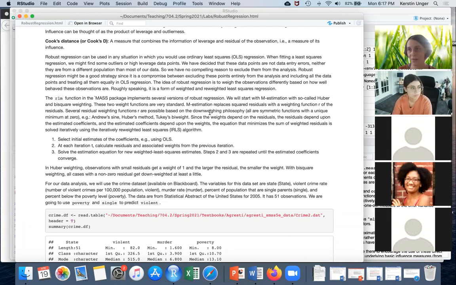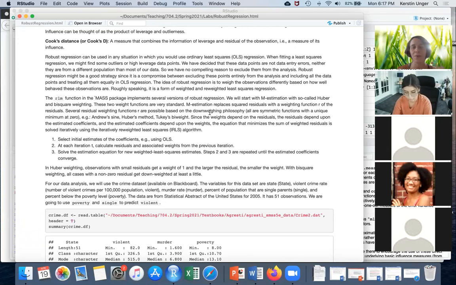So once again, you start with your ordinary least squares regression to obtain your coefficients. Then you calculate the residuals for that solution. Then you use your weighting function to assign your cases a certain weight based on their residuals. So in this first run, cases that have a huge residual will be assigned a small weight. Cases that have residual close to 0 will be assigned a large weight, close to 1 or 1.